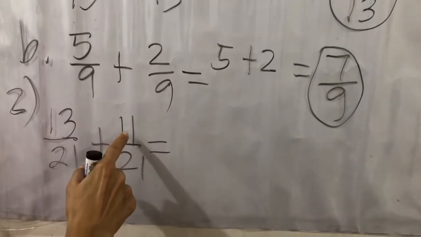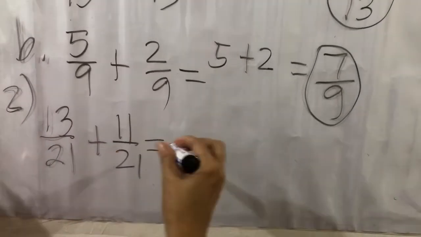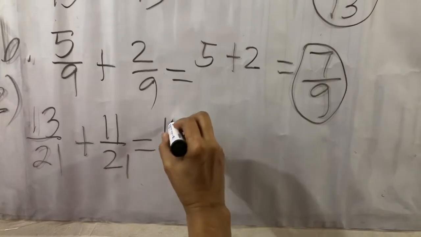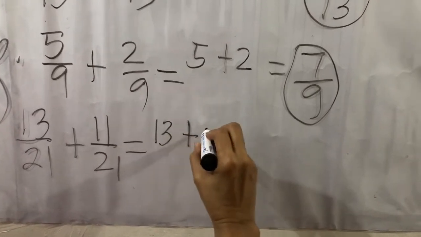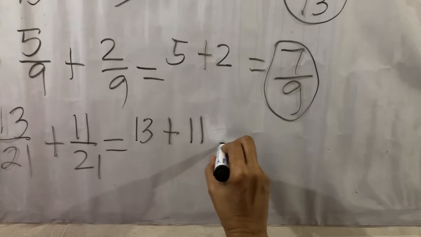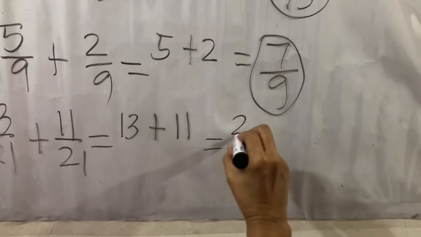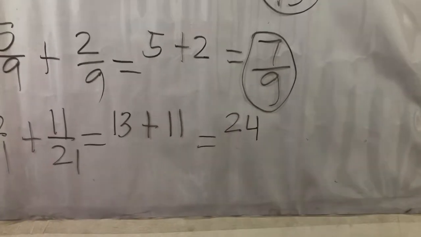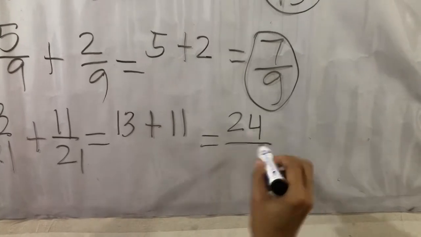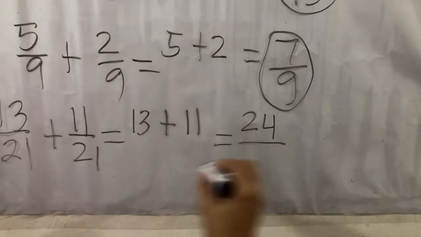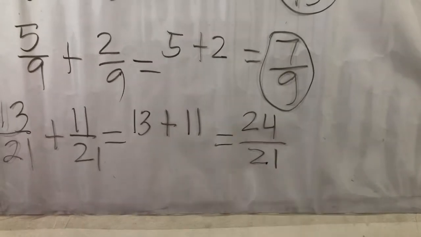We have 13 plus 11 equals 24. To get the denominator, you copy 21. So that is the answer.